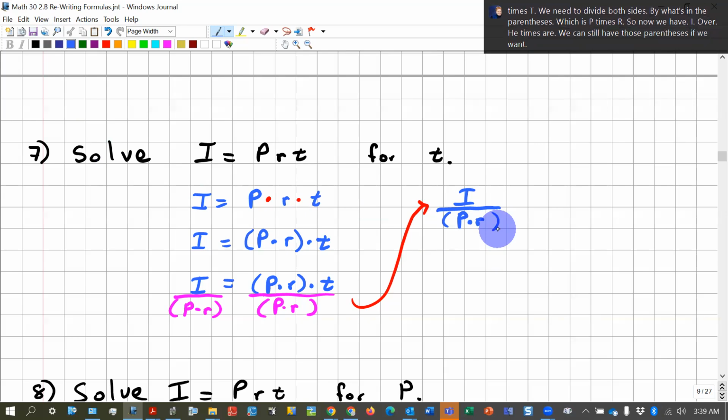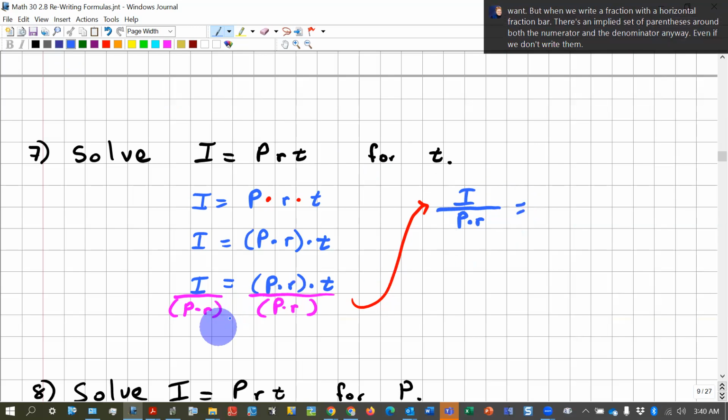But when we write a fraction with a horizontal fraction bar, there's an implied set of parentheses around both the numerator and the denominator anyway, even if we don't write them.